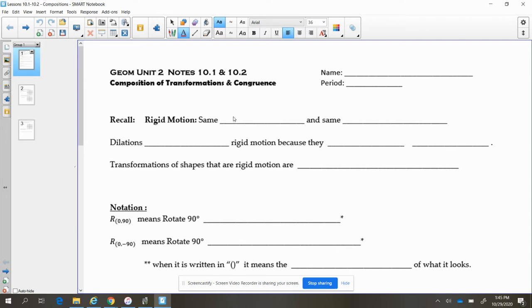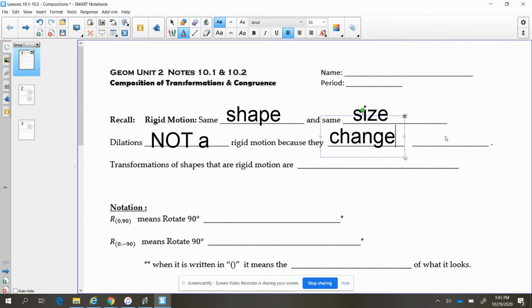It says, recall that a rigid motion has the same shape and it also has the same size, right? When we perform one of our rigid motions, we do not change the shape or size of our figure. Dilations, which we haven't spent much time on yet, are not a rigid motion because they will change the size of our figure.